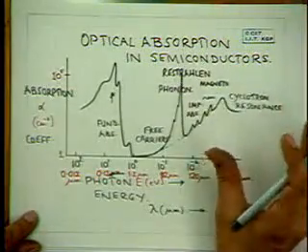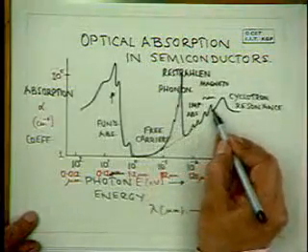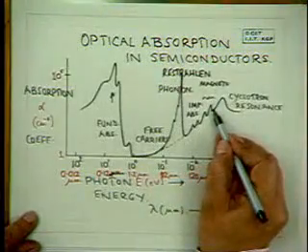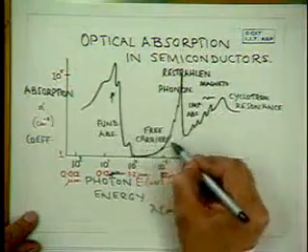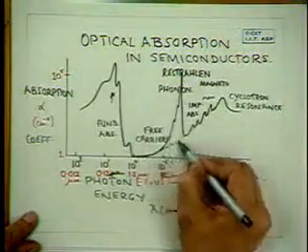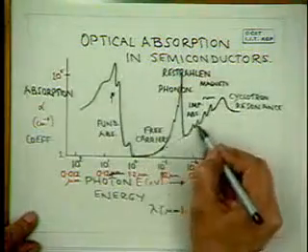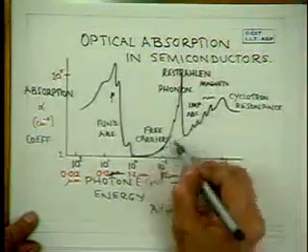For classical free electrons, Drude electrons, this increases as lambda squared, but in general it goes as lambda to the power n, and this is free carrier absorption. There's no particular structure. There are no specific peaks corresponding to that.